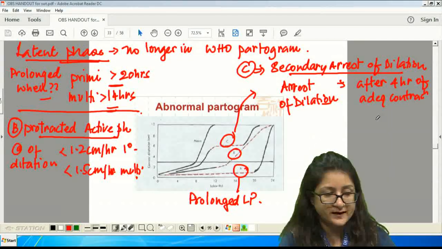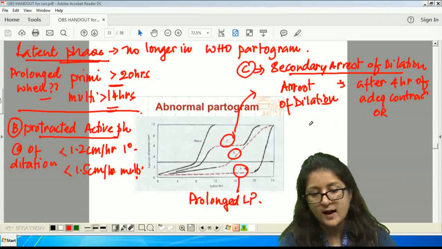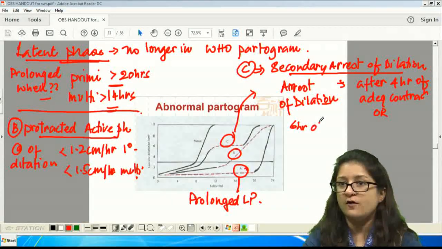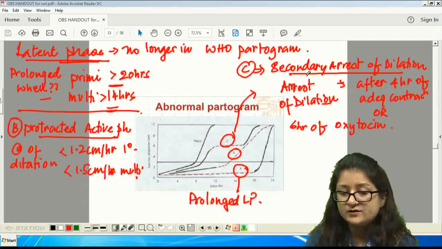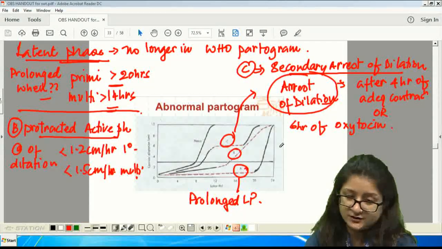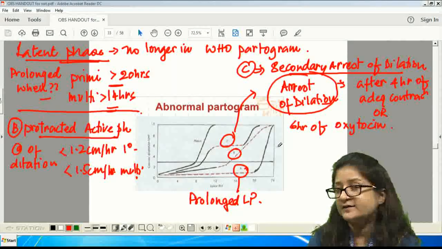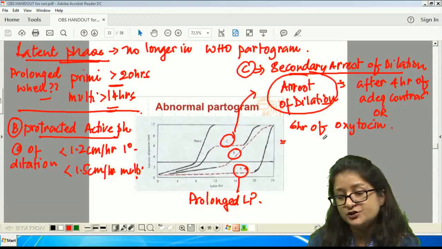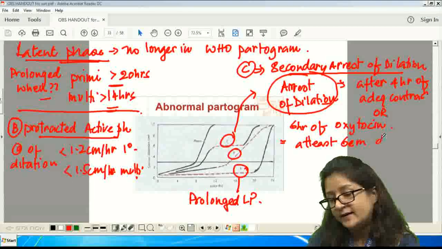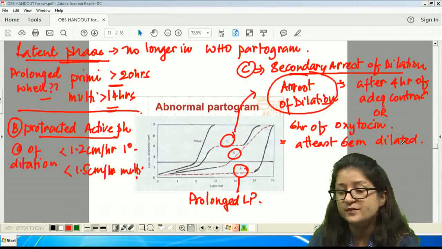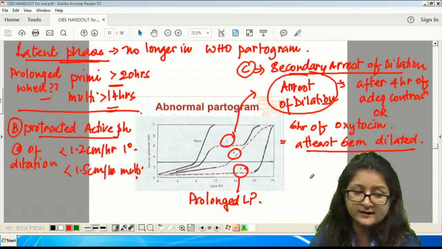After 4 hours of adequate contractions, or after 6 hours of oxytocin, right? There is no change in cervical dilatation. Then there is arrest of dilatation, and she should be at least 6 centimeters dilated minimum before making the diagnosis of arrest of dilatation.